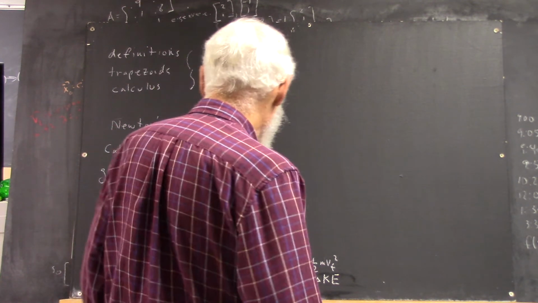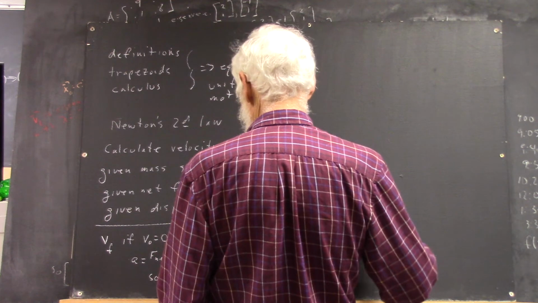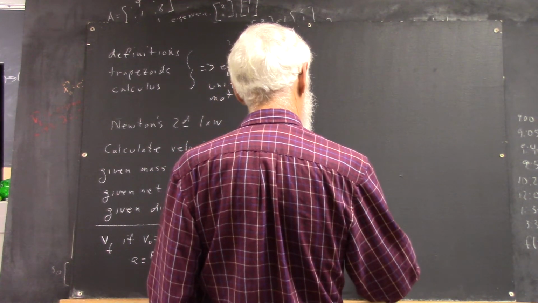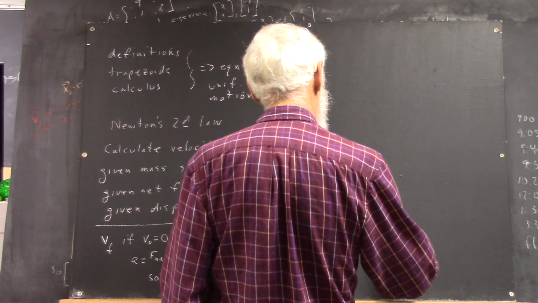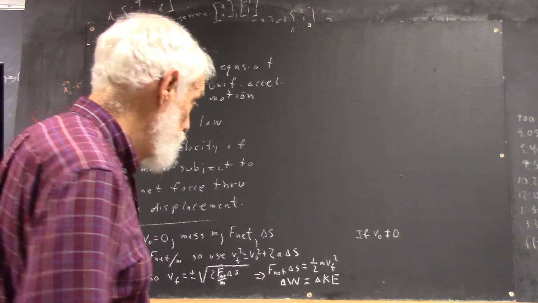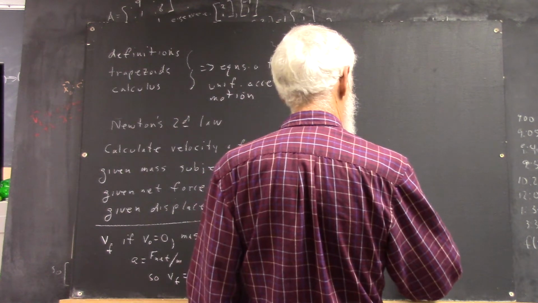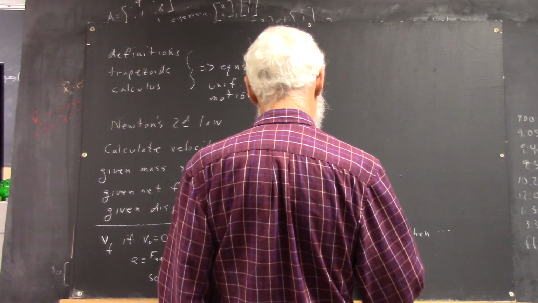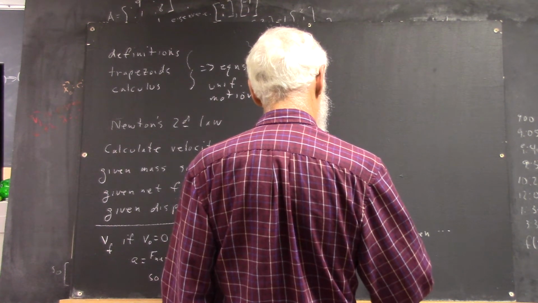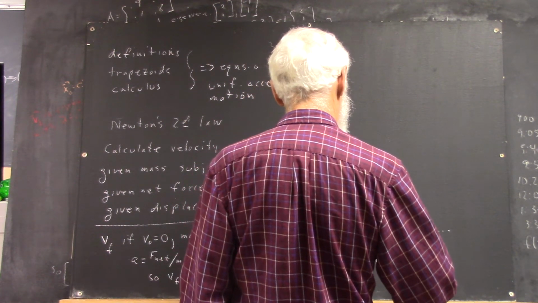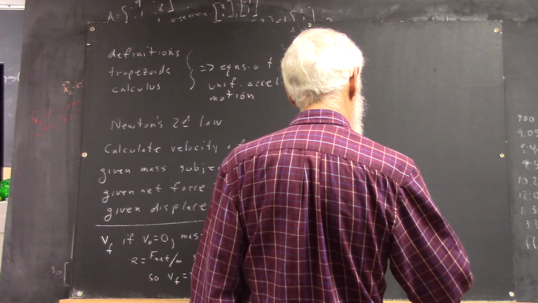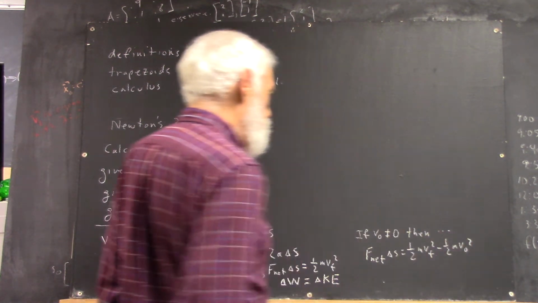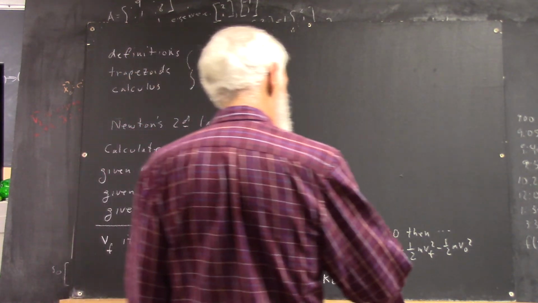And then we've already done it. If v naught isn't 0, something I asked you to do a month ago, you get this.